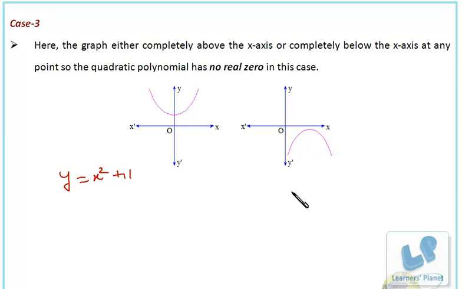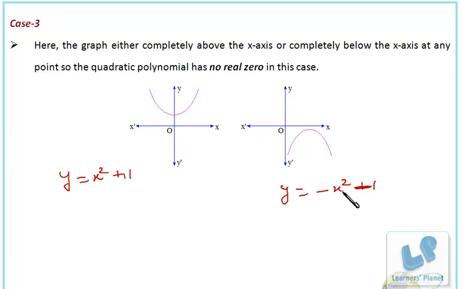Similarly, in this case, suppose y is equal to minus x square plus 1. In this case, the coefficient of x square is negative, so we'll be getting a reverse parabola. But further, it's minus 1 over here. So further, no values of x will make this expression 0, right? That means y will never become 0.